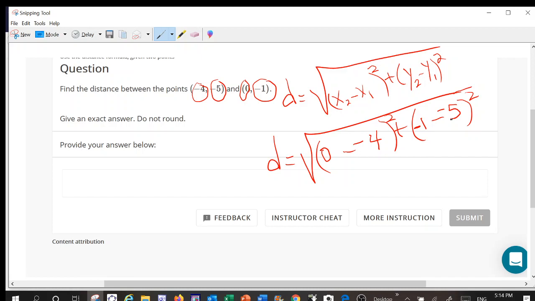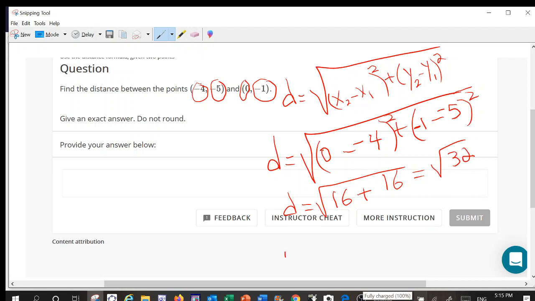Now notice that the minuses are part of the formula, so d is going to be negative 4 is positive 4, squared is 16, negative 1 plus 5 is 4, 4 squared is 16, so that's 32, square root of 32.